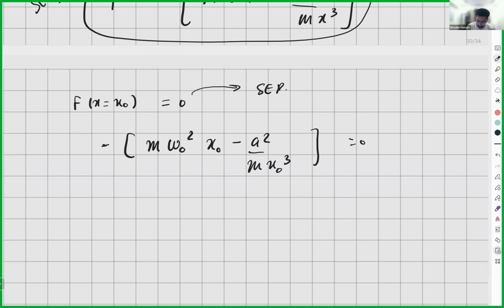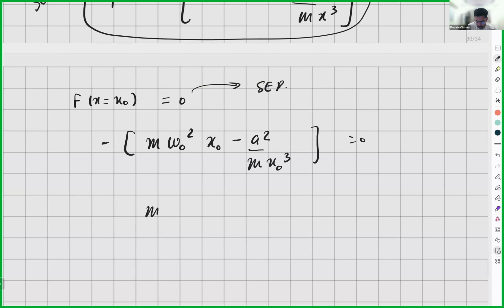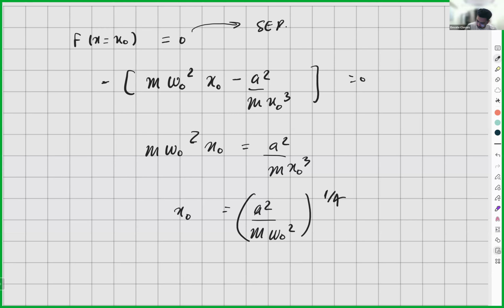When you do the rearrangement, you get x naught to the power 4 is a square by m omega naught square. So you'll have to the power 1 by 4. Of course, there will be many roots. There are 4 roots, right? But we'll have to consider the positive one.